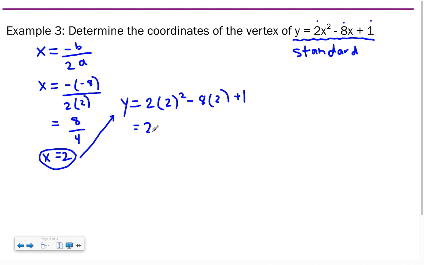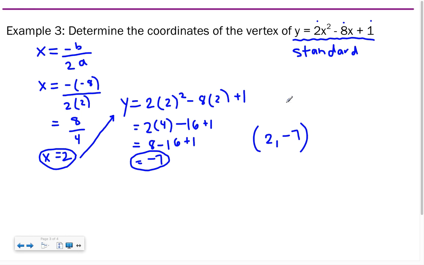So we've got 2 multiplied by 4 minus 16 plus 1. So we've got 8 minus 16 plus 1. So 8 minus 16 is negative 8, plus 1 is negative 7. So our y-coordinate of our vertex is negative 7. So the coordinates of our vertex are (2, -7).